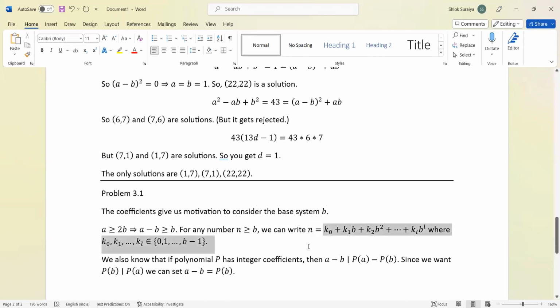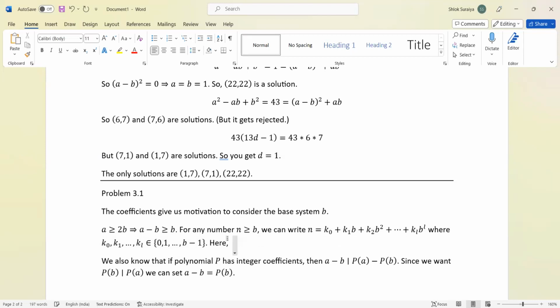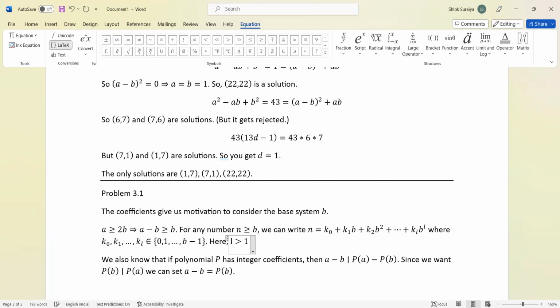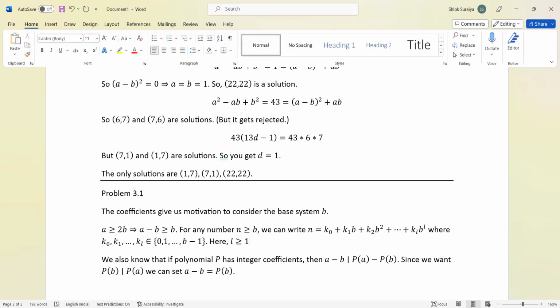And that is where we introduce this representation. Here the good part is that L has to be greater than 1 because n is greater than or equal to b. So there have to be at least more than one term.